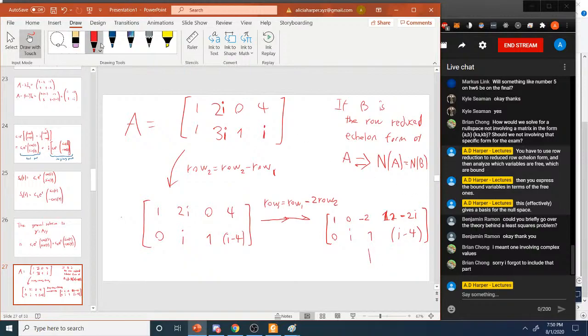In this operation I'm going to set row 2 to be equal to negative i times row 2. If I do this, I get the matrix 1, 0, negative 2, 12 minus 2i, and 0, 1, negative i, and then positive 4i plus 1, I believe, if I've done that correctly.